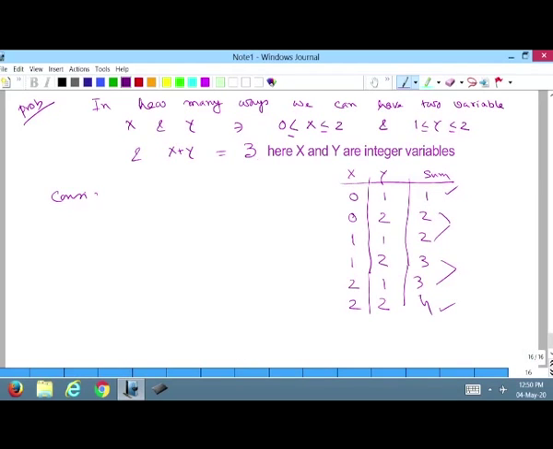Consider the following 2 polynomials and compute their product.